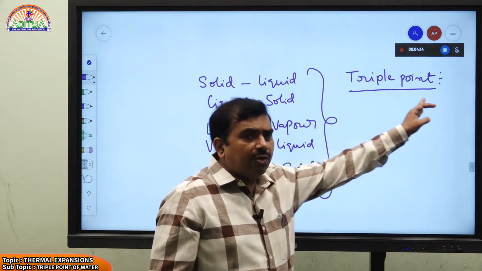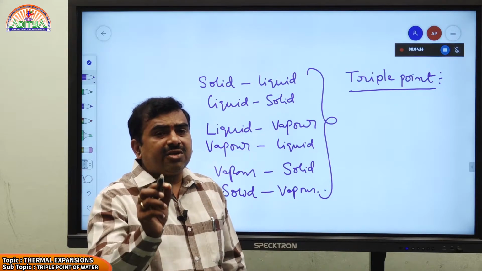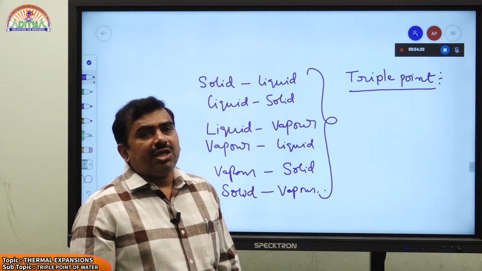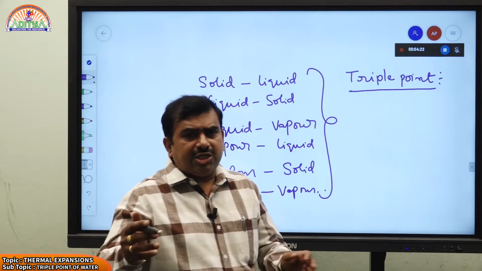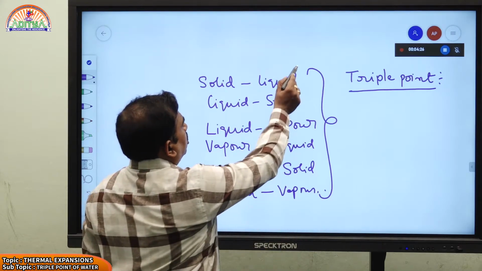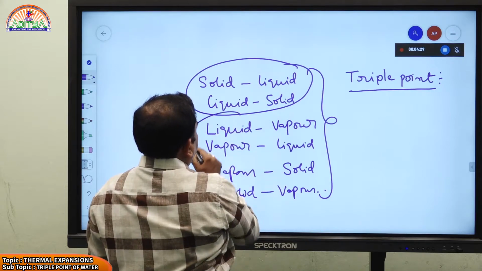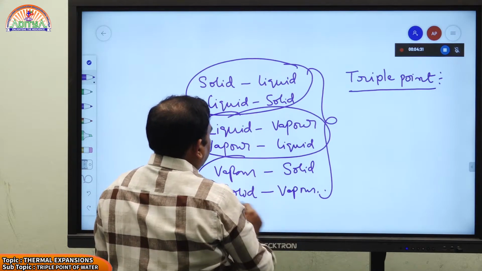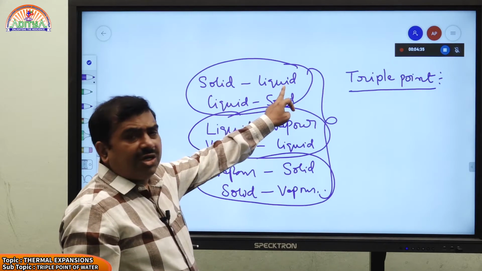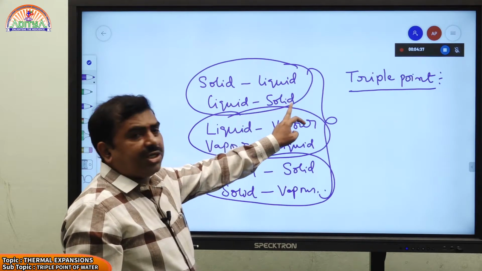What is the triple point of water? It is a point at which all the three states of matter exist in equilibrium. So what are the three states? Solid, liquid and vapor states. In the first state, solid may convert into liquid or liquid into solid.